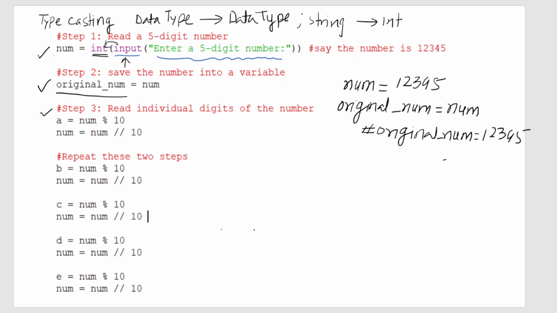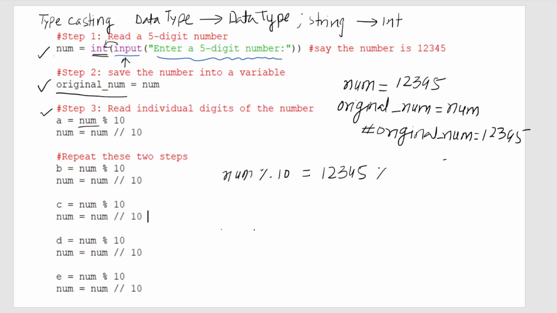What we actually want to do here is, we have the number 1 2 3 4 5. If I do num modulus 10, that means I am doing 1 2 3 4 5 modulus 10.